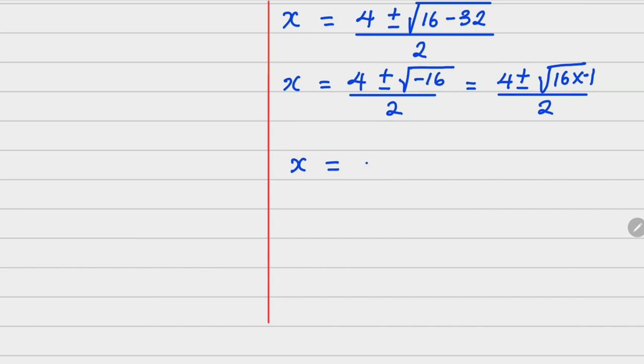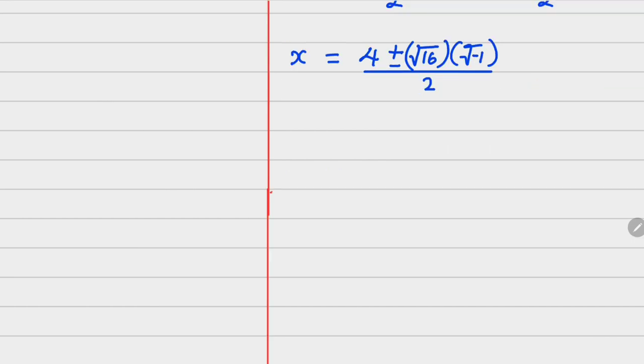So this is going to be 4 plus or minus root of 16, then we have root of minus 1, all over 2. Now note, in complex numbers, root of minus 1 is actually i, imaginary.